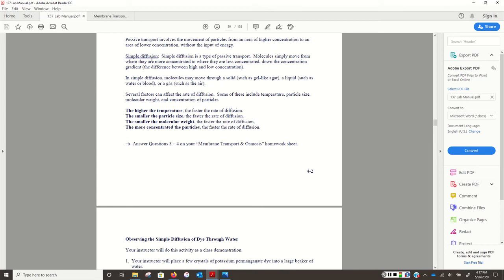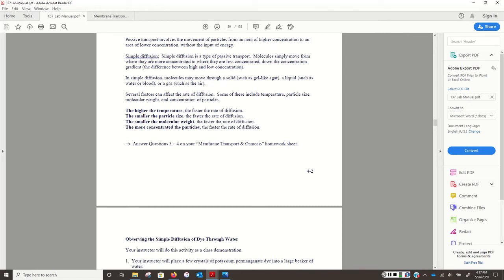When you first drop some food coloring down in a glass of water, that drop that falls in has a high concentration of food coloring, whereas the water has no concentration, so it's a very low concentration of food coloring. Given enough time, that food coloring is going to spread out. If you were to come back in an hour or two and look at that glass, it's all going to be the same color because everything has spread out.